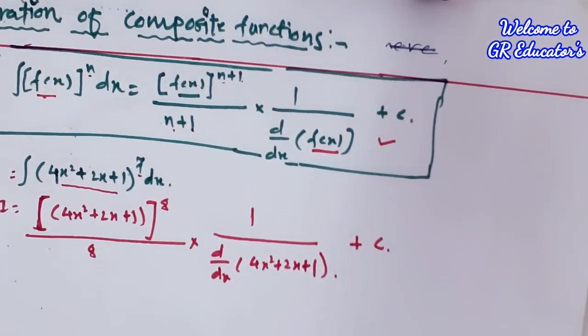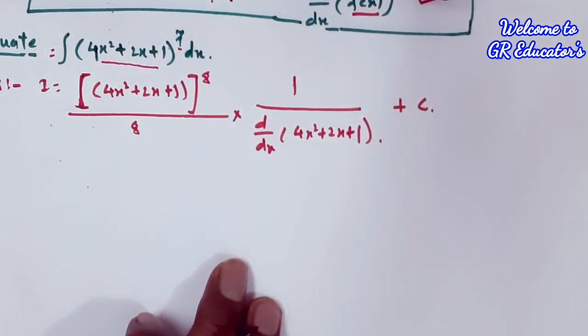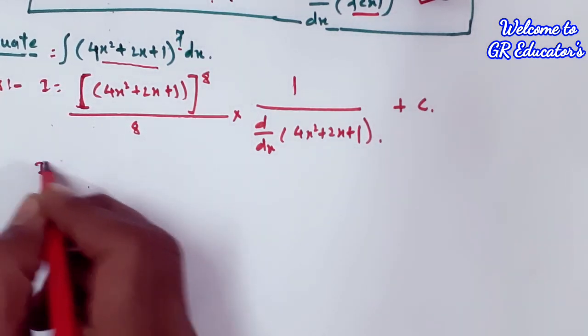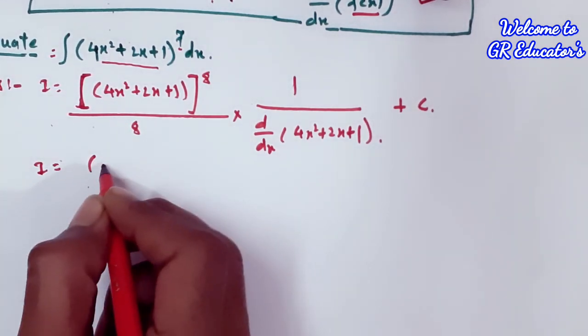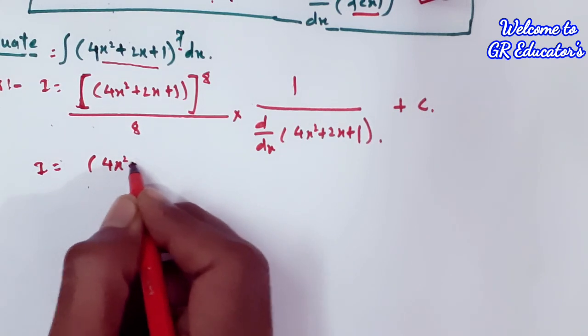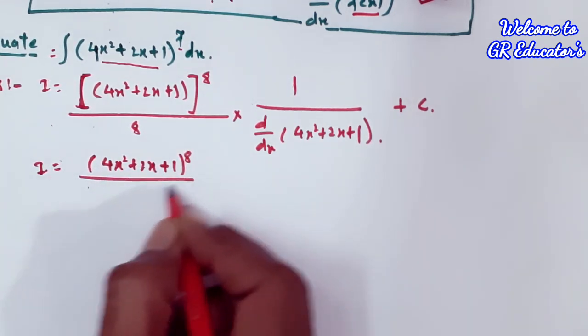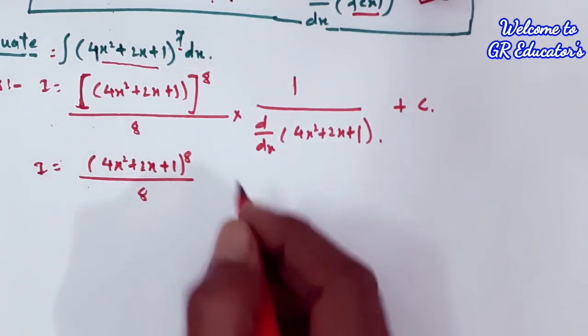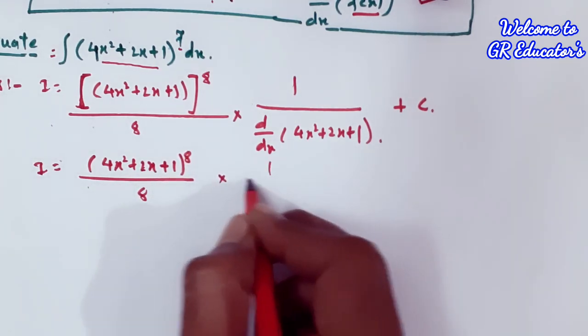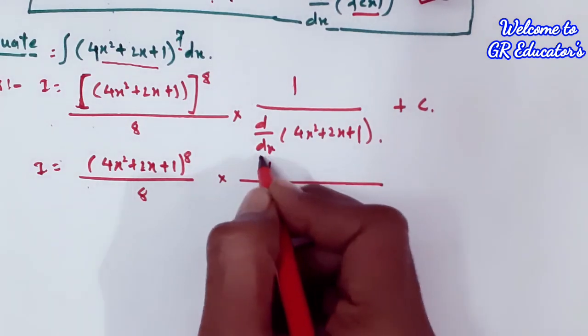So simply, the first term as it is again. I am writing here 4x square plus 2x plus 1 raised to power 8 divided by 8, into 1 divided by the derivative.